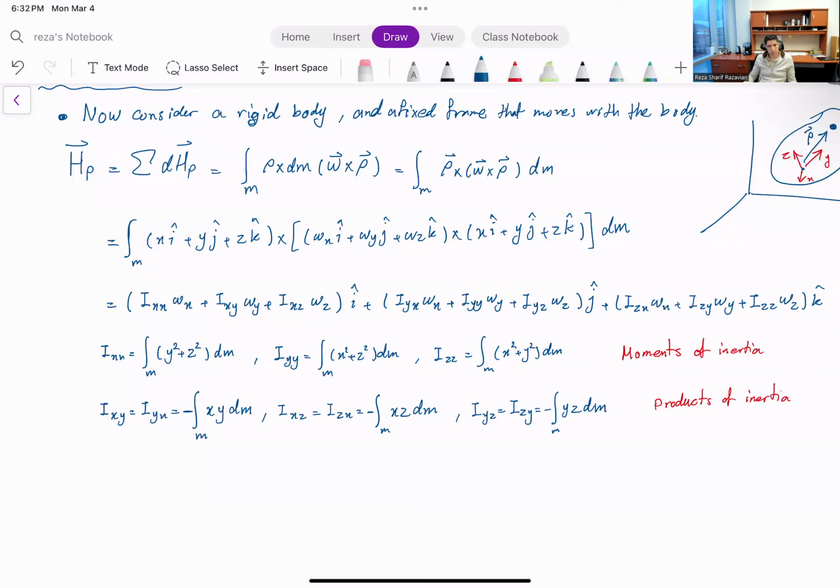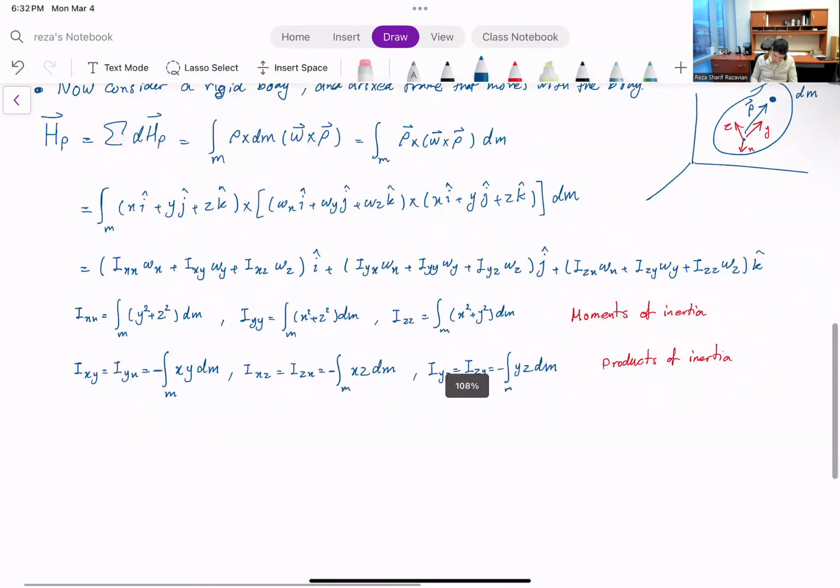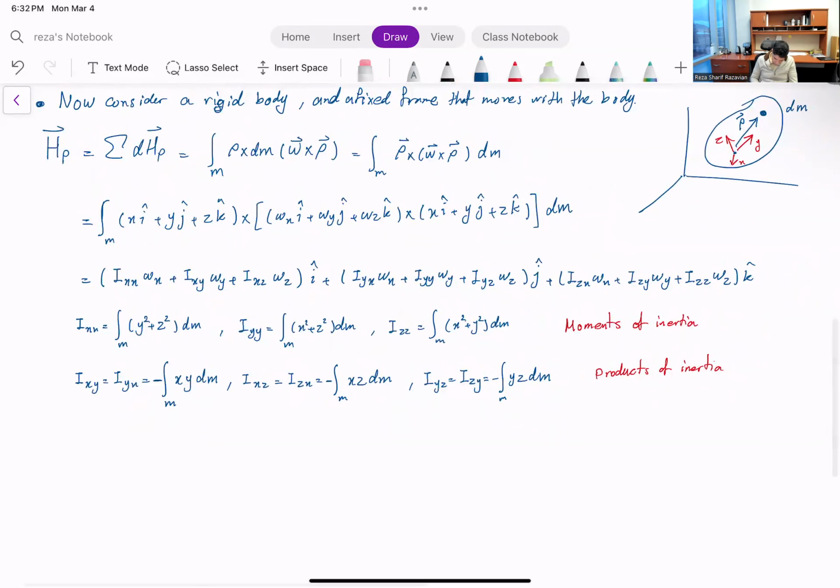So when you have these integrals calculated, you can use this equation on top to calculate, for instance, the angular momentum of a body. It is convenient to write the same equation in matrix form.